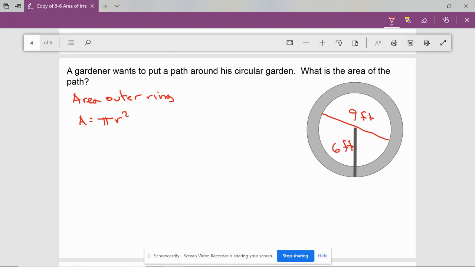So area equals pi times 6 to the second. 6 times 6 is 36, so area equals 3.14 times 36.